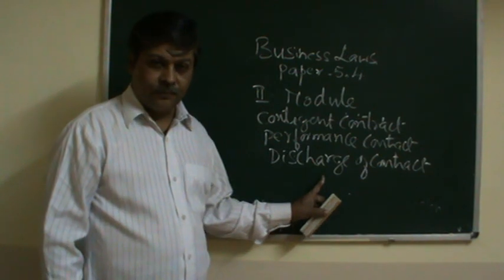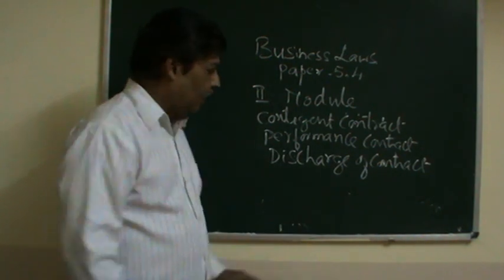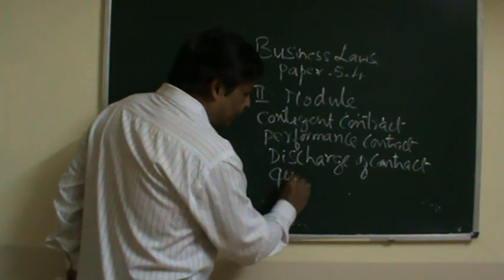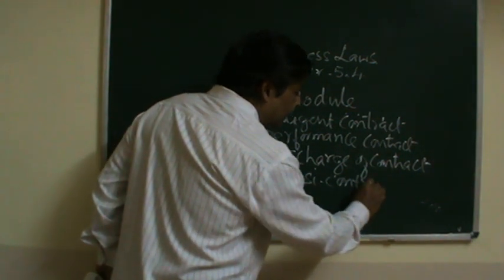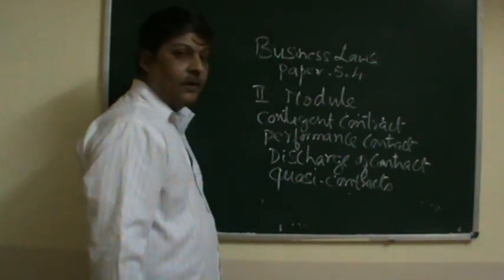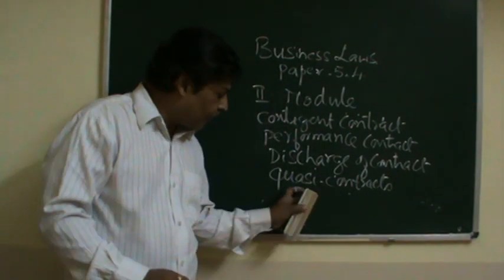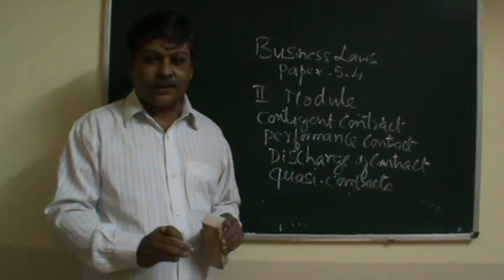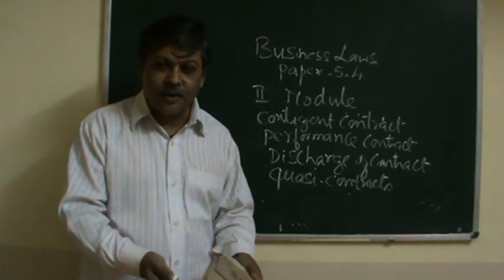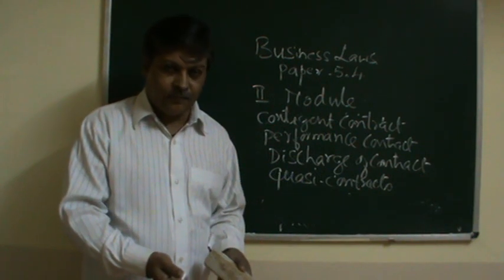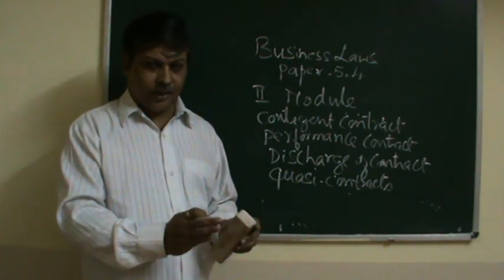Followed by this, we are studying the quasi contracts. Quasi contracts and examples for them. That word quasi is used, resembling the contract, identical to the contract, but straightaway we cannot say it is a contract. We cannot use the word contract there.